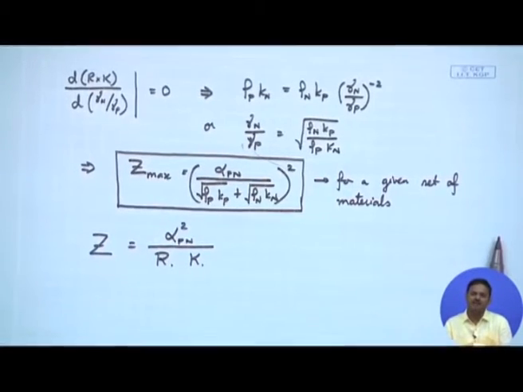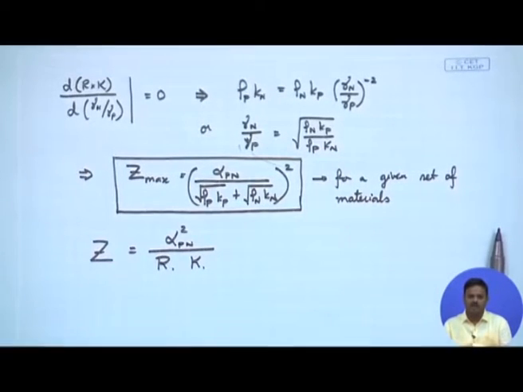Now, let us say the dimensions are fine, but what else can I do to make this even higher? What kind of materials should we have in order to maximize the performance of the thermoelectric? If you look at this, you see that there is an anomaly. You have three terms: alpha, thermal resistance, and electrical conductance.